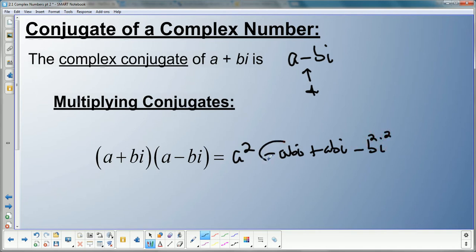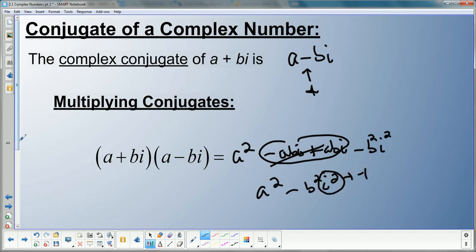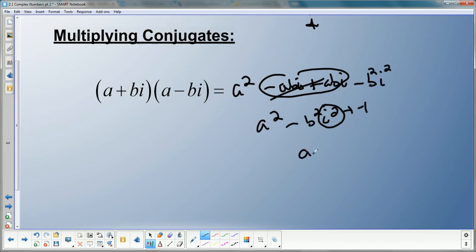Now, you'll notice these middle two terms cancel out, so really we just have a squared minus b squared i squared. But remember that i squared is a negative 1, so really this would become a squared, and negative times negative plus b squared.